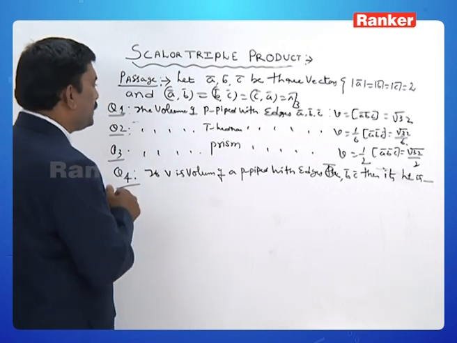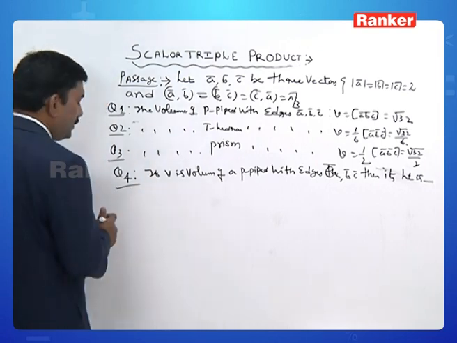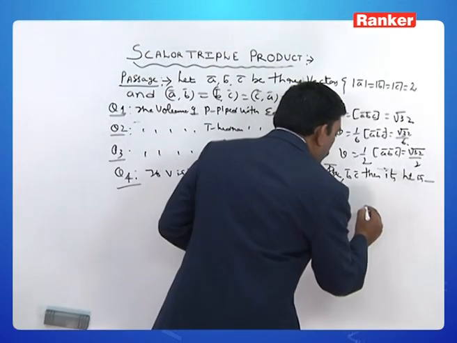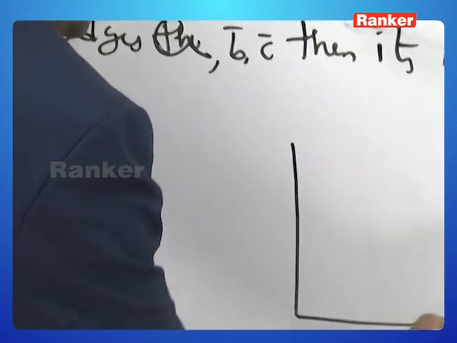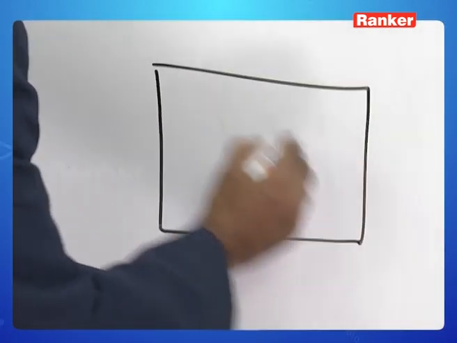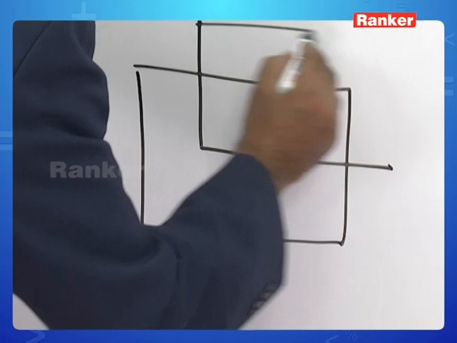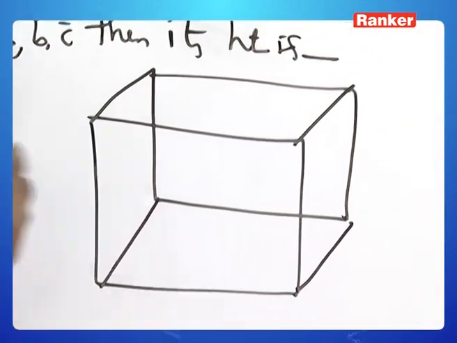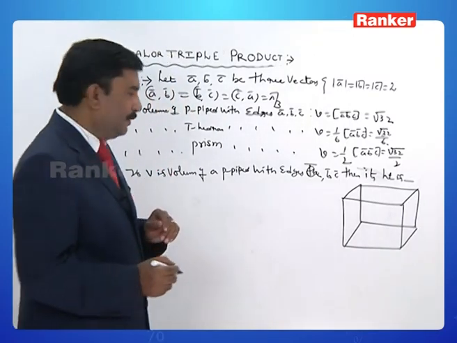Now to find this, what I do is, I explained the parallelepiped. Look here, this is OA bar, which is A bar, this is B bar, this is C bar.